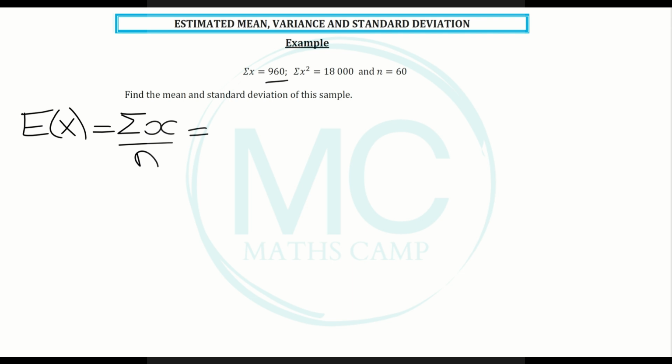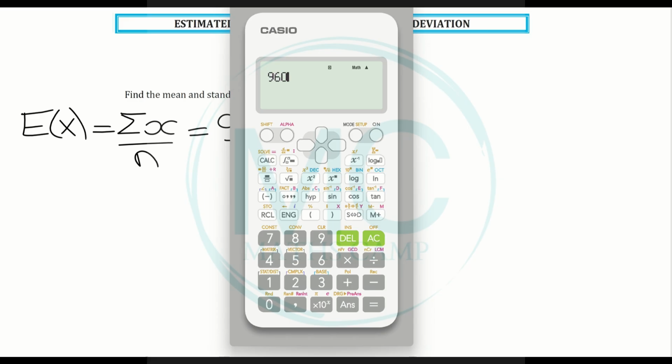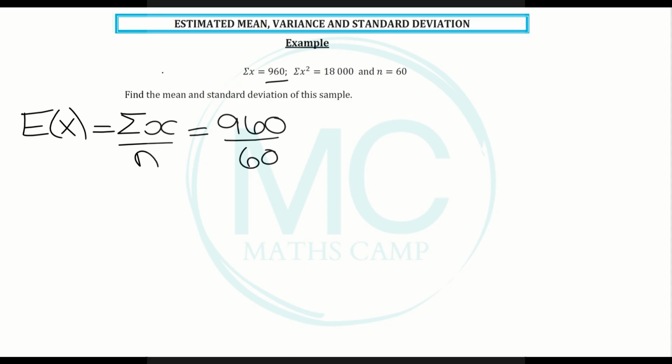Sigma x is 960. I can say 960 over n, which is 60. Take my calculator. 960 divided by 60 is equal to 16. This is the estimated mean.